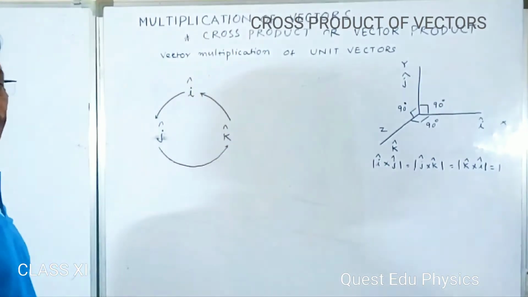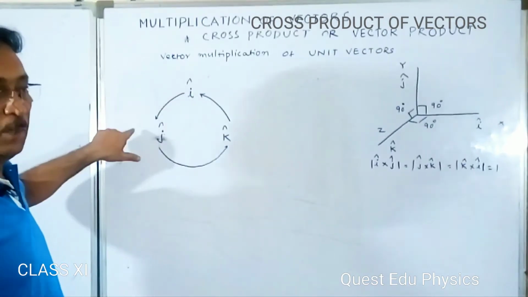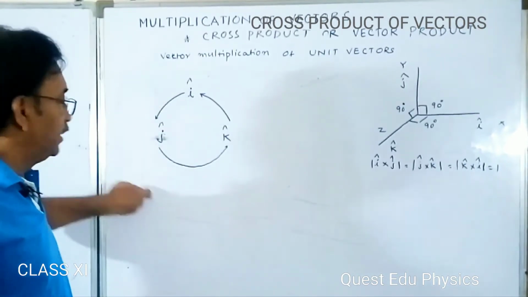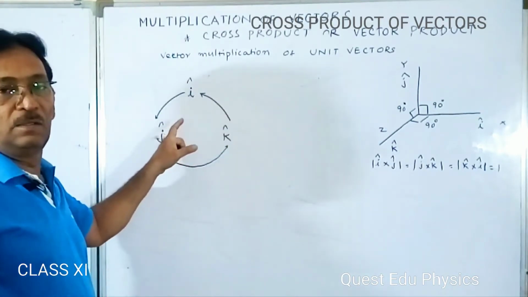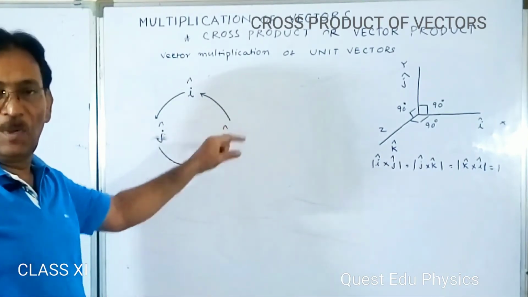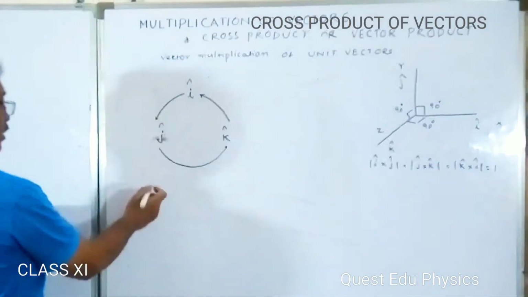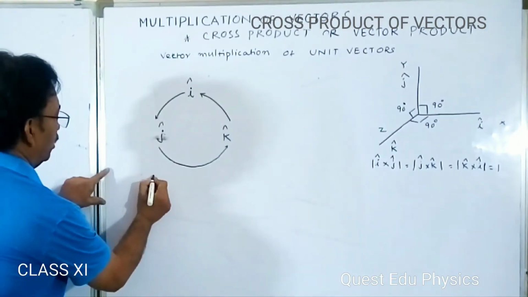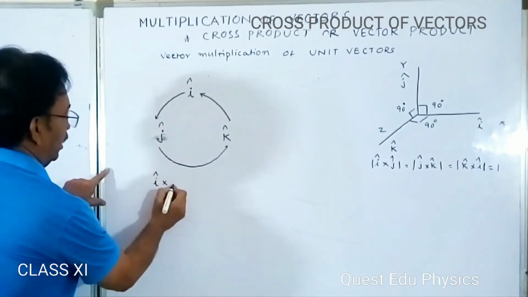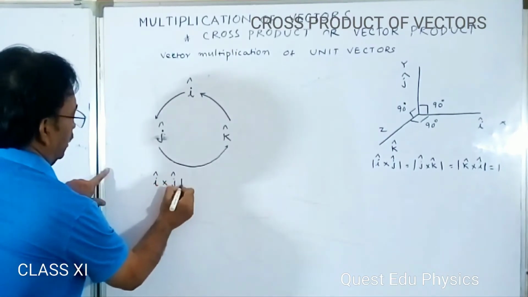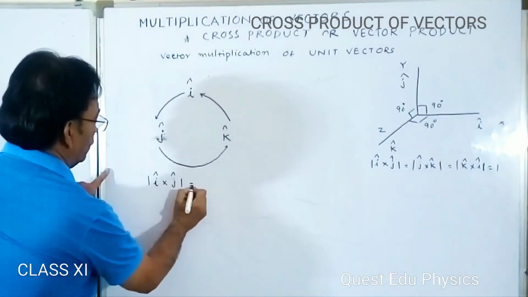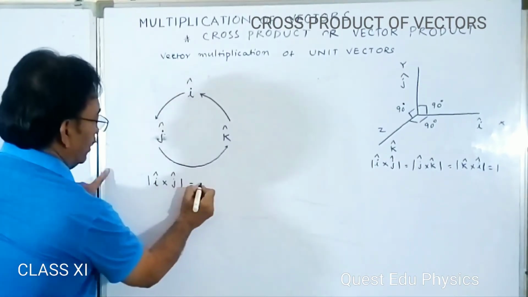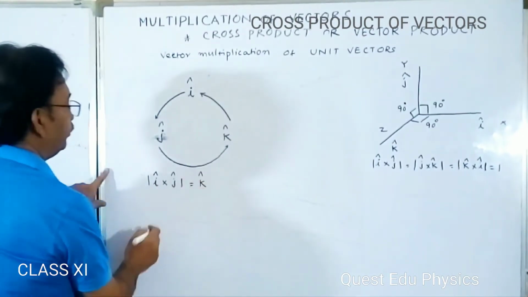If the two vectors are multiplied in the anti-clockwise direction, the resultant vector is positive. That is, i bar cross j bar. See, they have been multiplied in the anti-clockwise direction. i into j is equal to k cap.